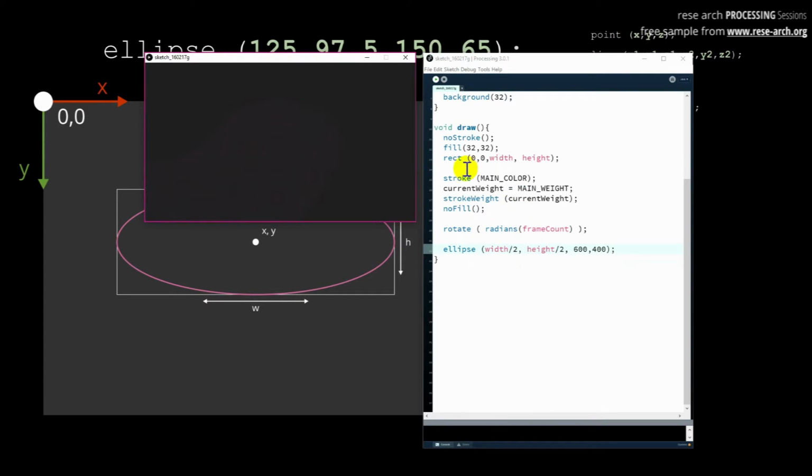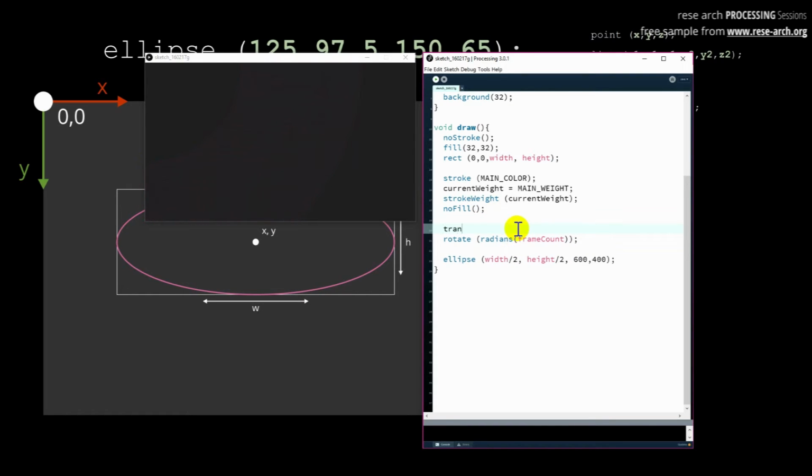The thing is that because we are rotating the whole coordinate system around its origin, it actually rotates around this. So in fact, if you want to rotate the ellipse on its own, you need to translate, which means move the origin, but you need to do it before rotating.